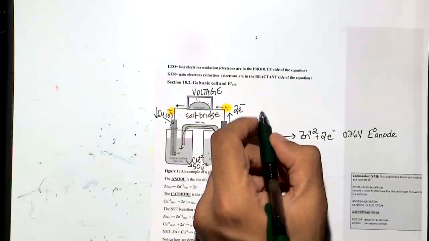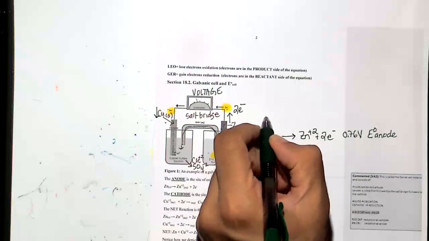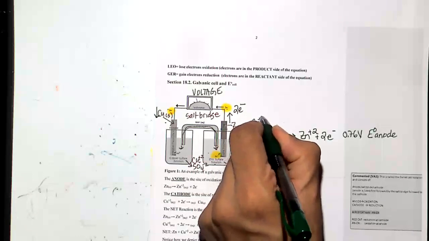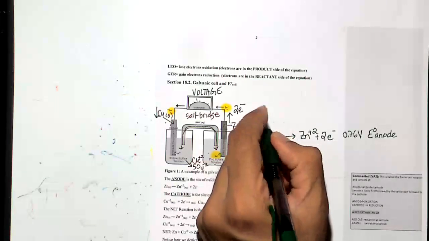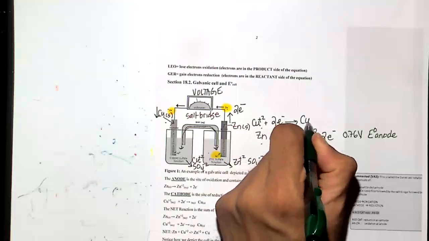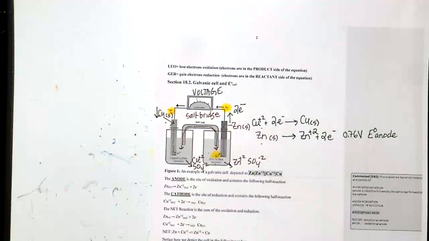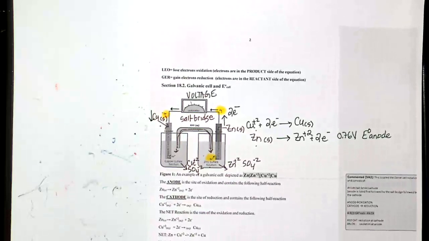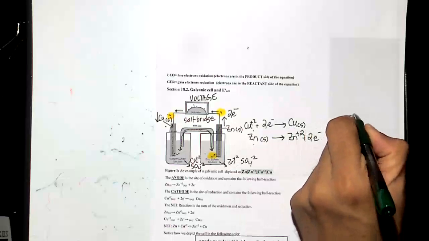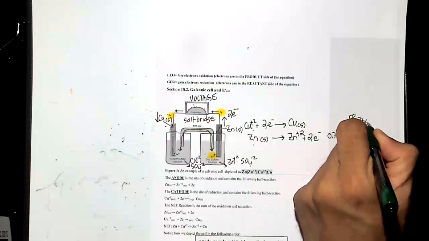These two electrons are going to be gained by the copper. So copper plus 2 plus 2 electrons gives you copper solid. Is this the anode or the cathode? You're gaining 2 electrons, so this is the cathode.